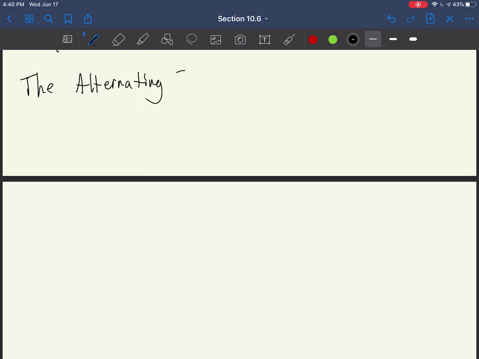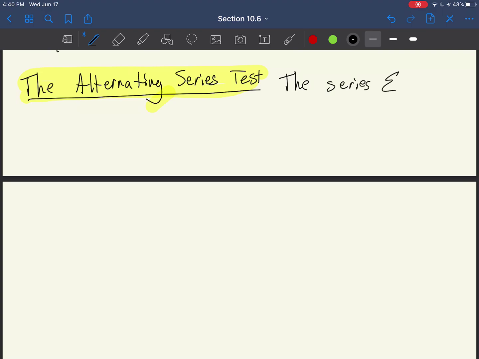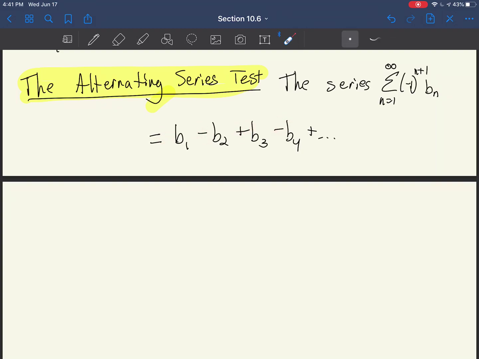So the alternating series test says that the series summation from n equals 1 to infinity of negative 1 to the n plus 1 times bn, which is b1 minus b2 plus b3 minus b4 plus dot, dot, dot.